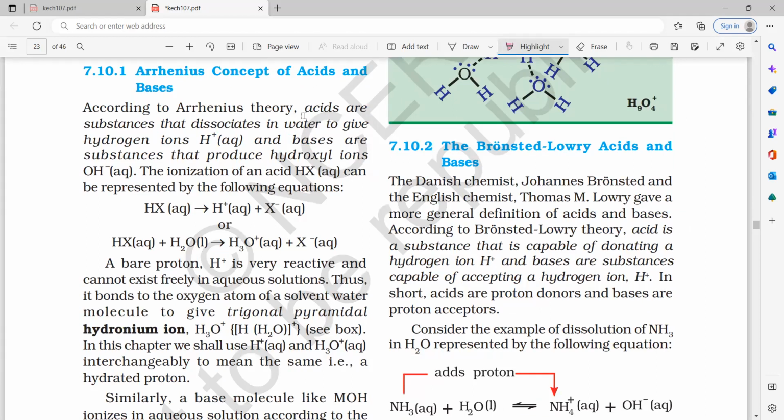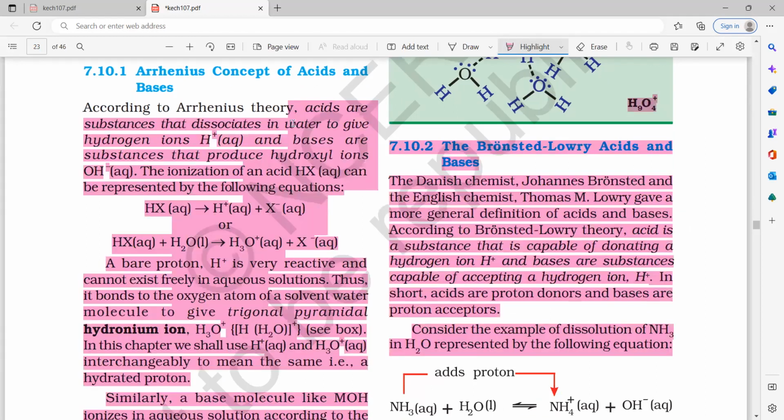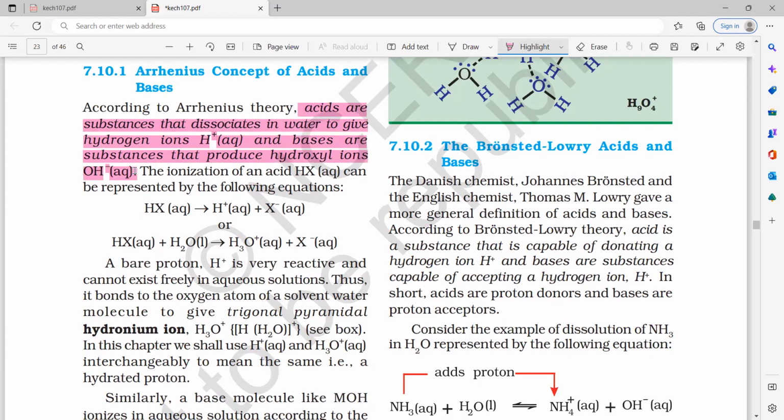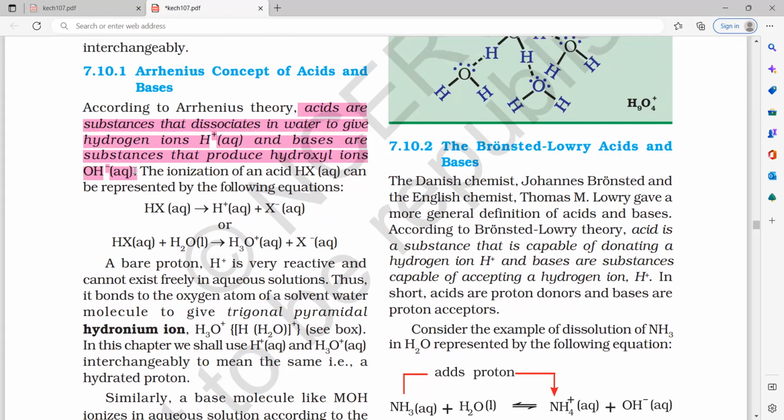This is a very basic definition. Acids are substances that dissociate in water to give hydrogen ion, H positive, and bases are substances that produce hydroxyl ion, OH negative ions. This is the simple definition given by Arrhenius.